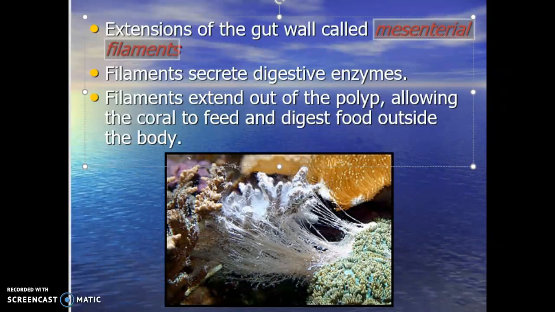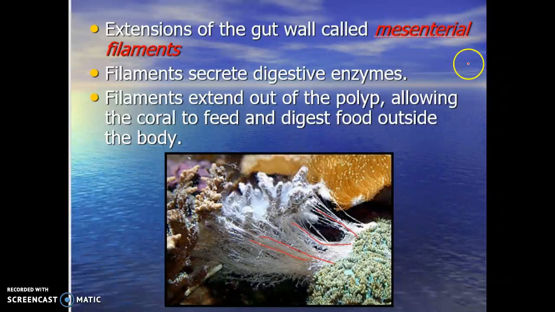So if you look at the coral down at the bottom here, that is the mesenteric filaments that are being extended out. These little stringy things getting shot out, and sometimes the corals feed with that. A lot of times though, those filaments secrete digestive enzymes, so sometimes they use it to fight, and we'll talk about this in a later lecture.